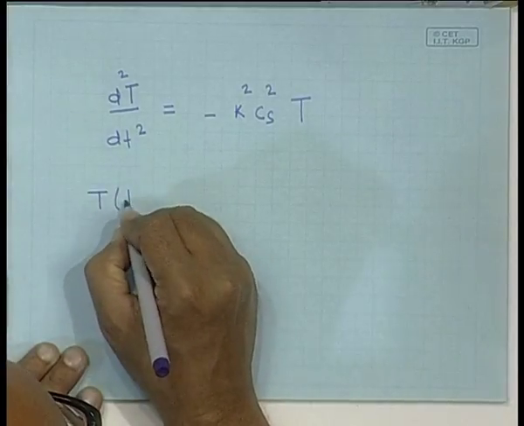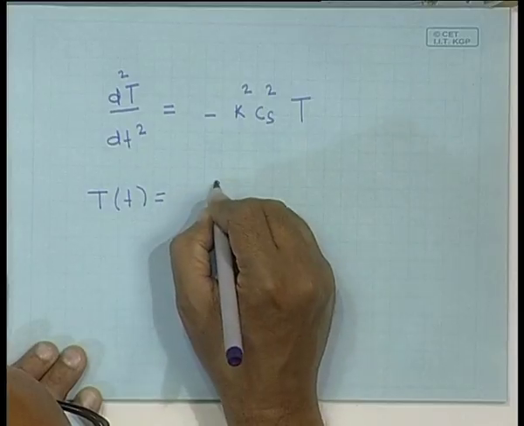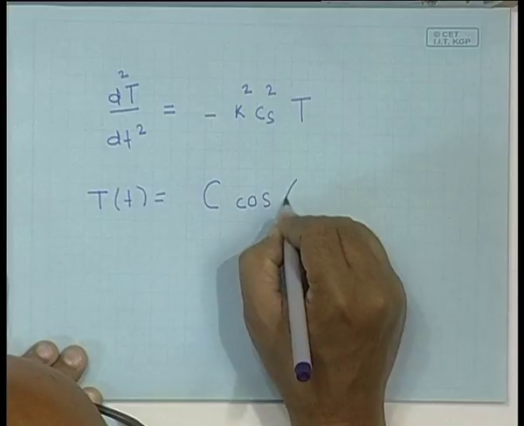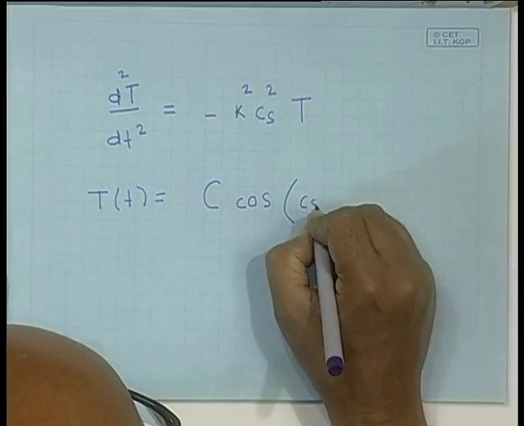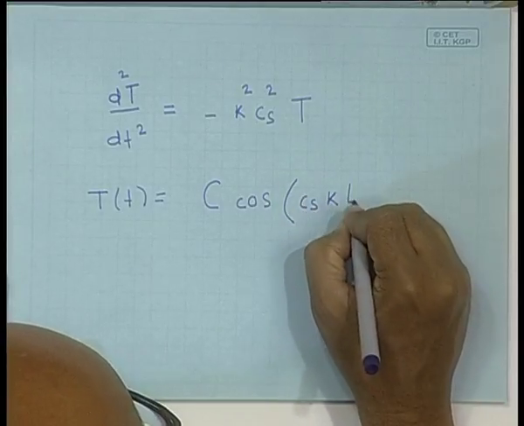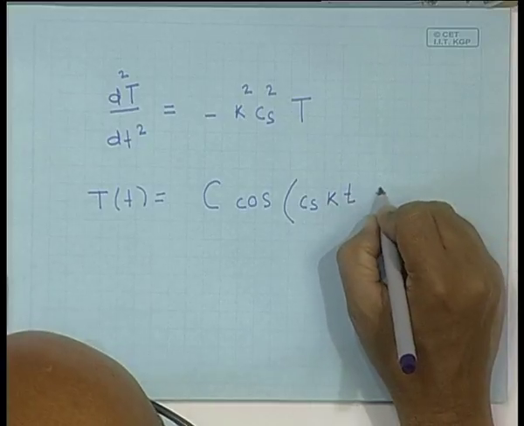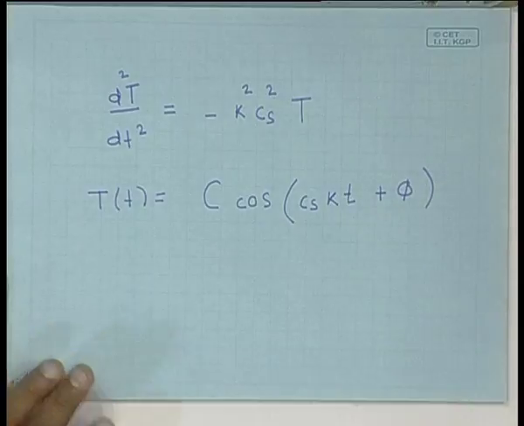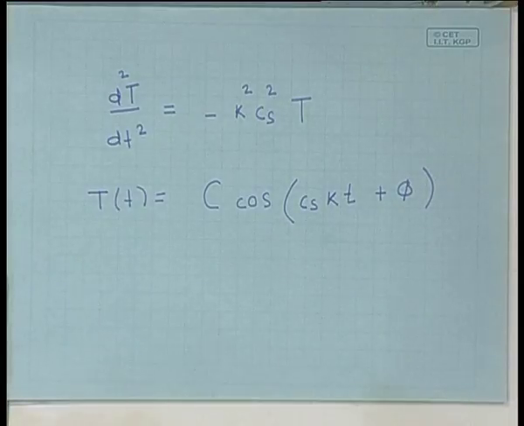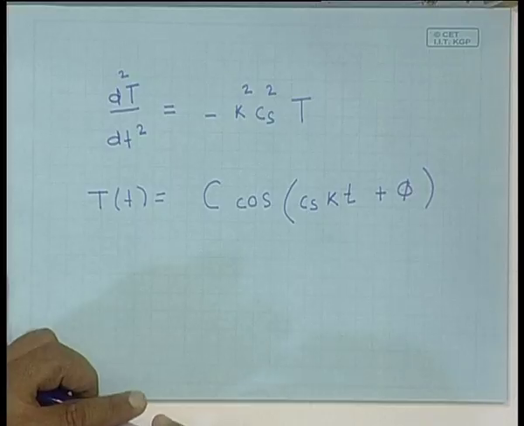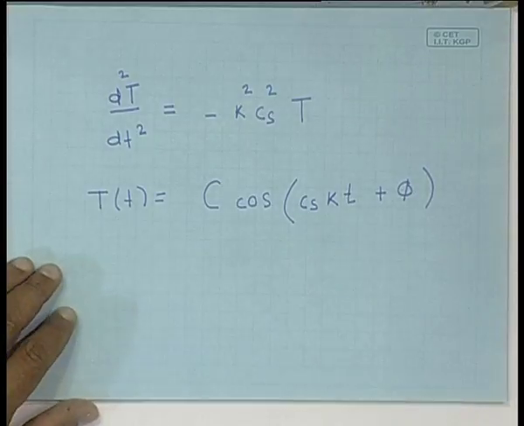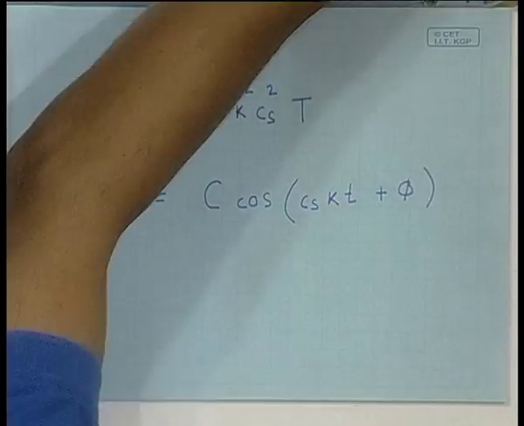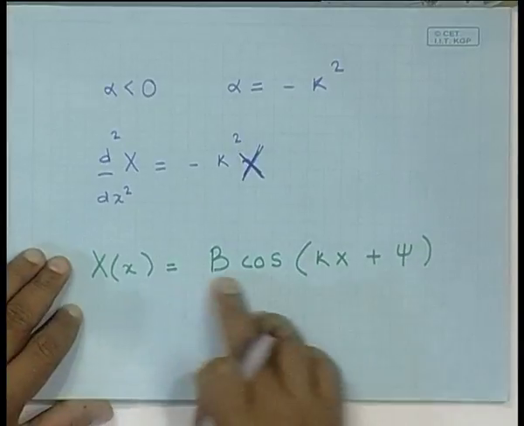It is of this form: a constant into cos of Cs into k into t plus some phase phi. The phase phi and the constant c will be determined by the initial conditions of the vibration. So, let me now put together the x part of the solution, the spatial part of the solution, which is here.